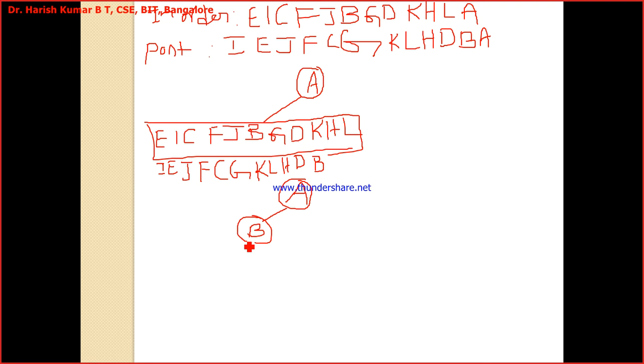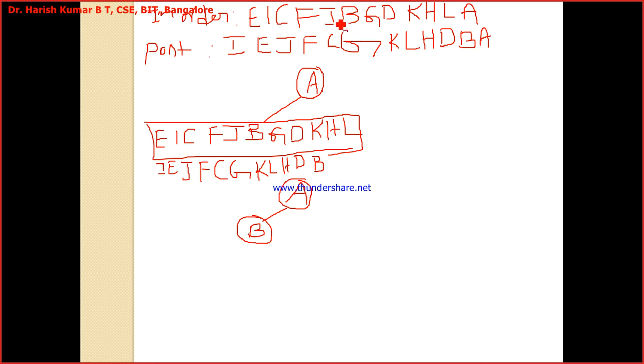Now I have to find out which nodes will occupy the position in the left subtree of B, and which nodes will occupy the position as the right subtree of B. To do that, I should again look into the Inorder traversal. Now when I look into the Inorder traversal, B is here.